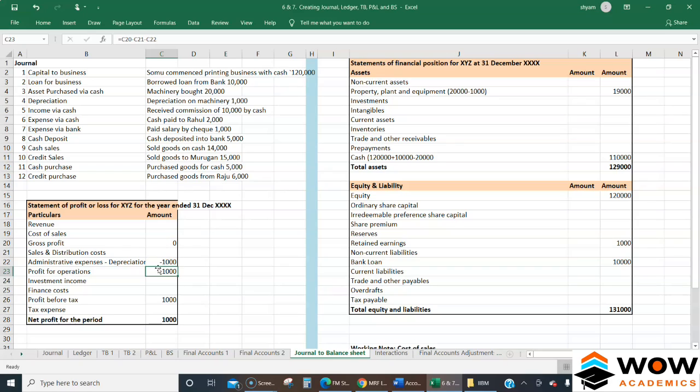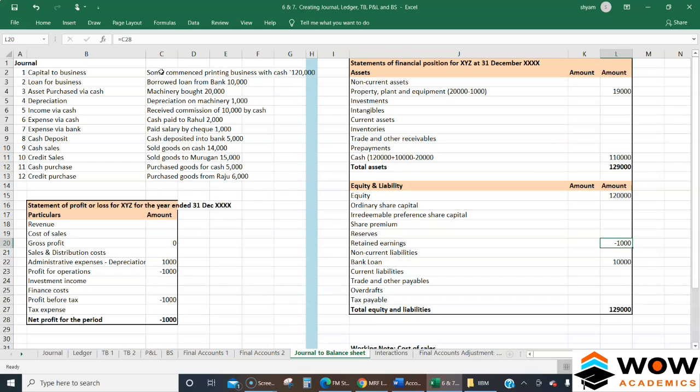Okay, I think we have taken the sign wrongly, so we'll just put 1,000. It will get tallied. You can see this is a cost, and when the cost of 1,000 is deducted from the profit, the net profit becomes minus 1,000, as well as the retained earnings, and the balance sheet again tallies.